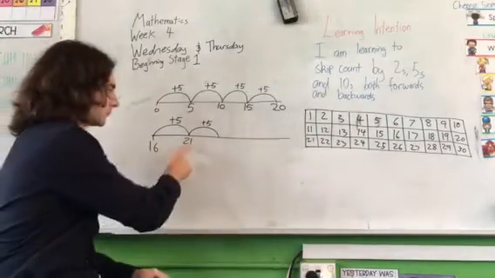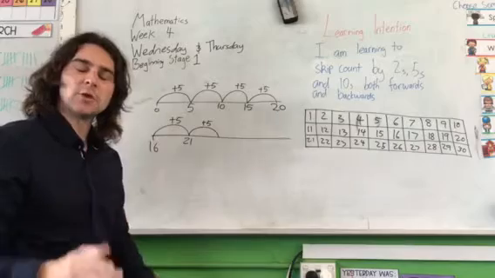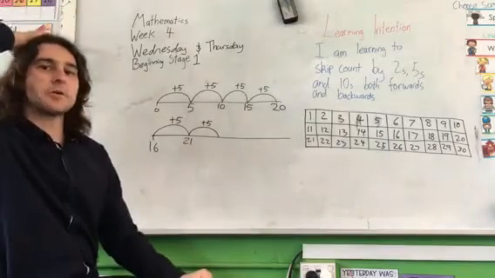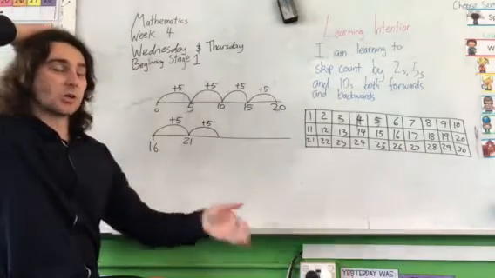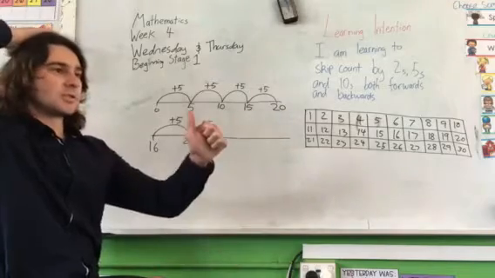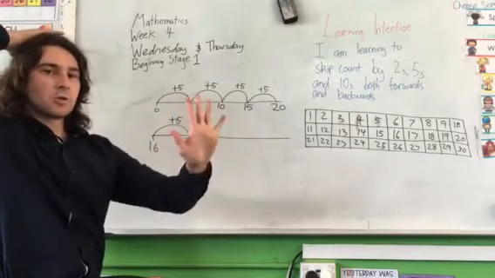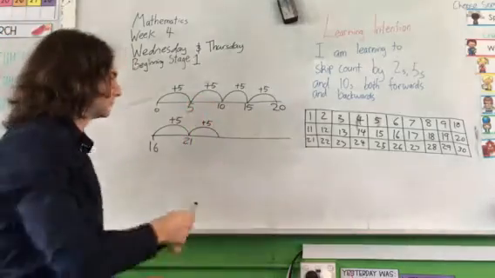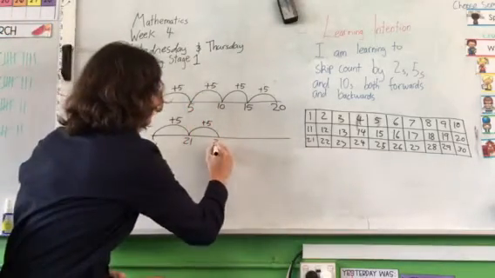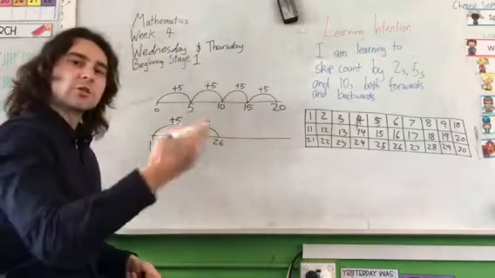21 plus 5. If you don't know what that is, you put the largest number in your head once again and you count on. 21, 22, 23, 24, 25, 26. I'm going to jump again.